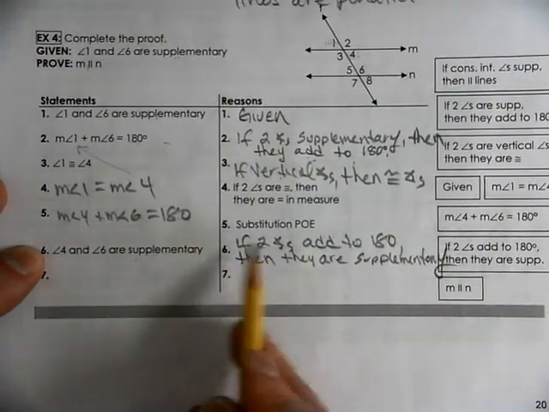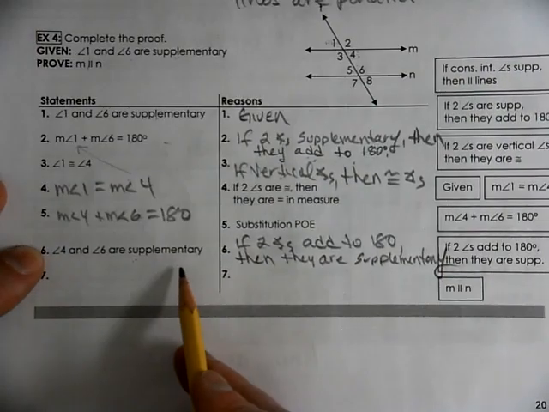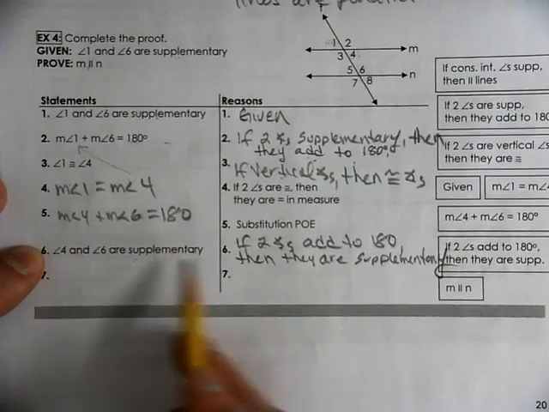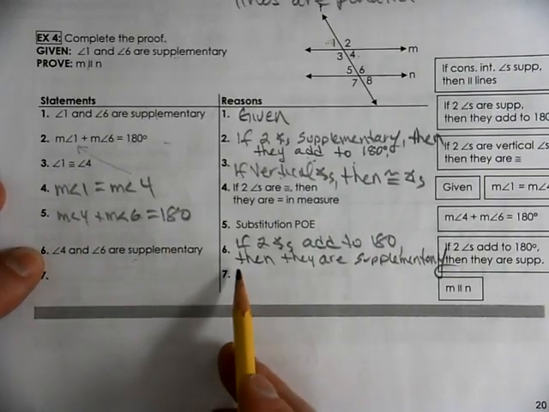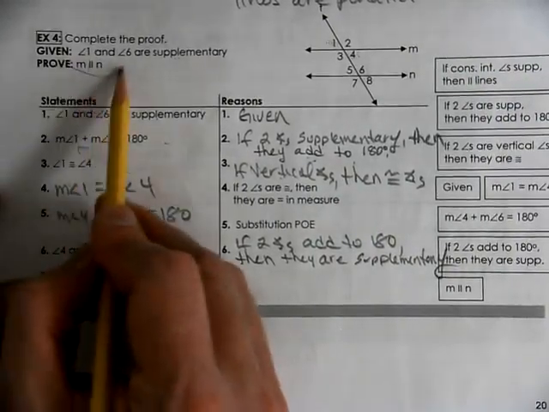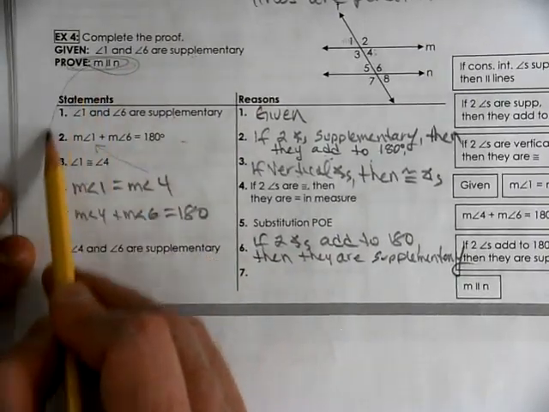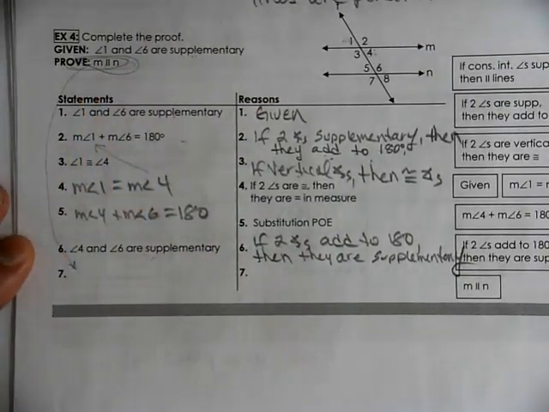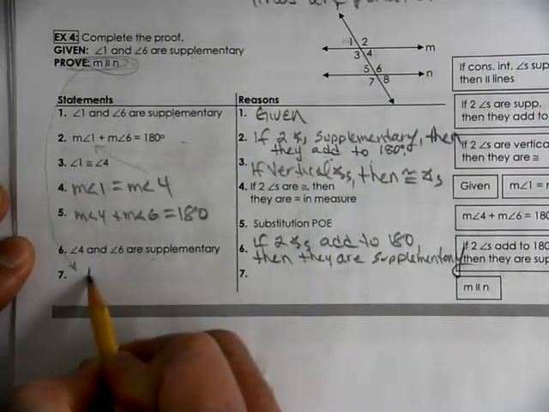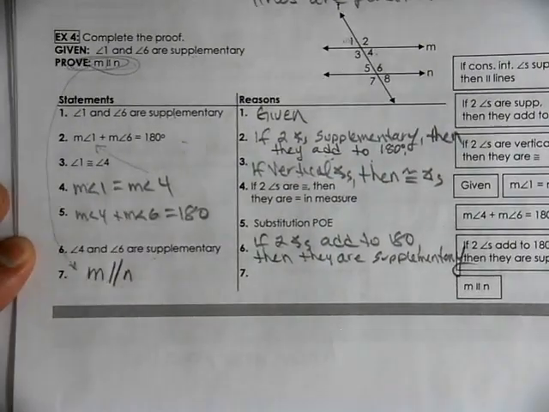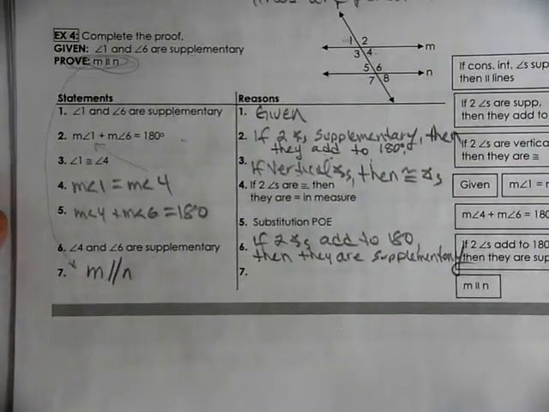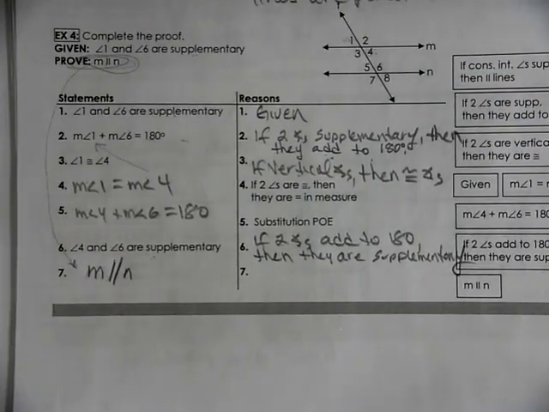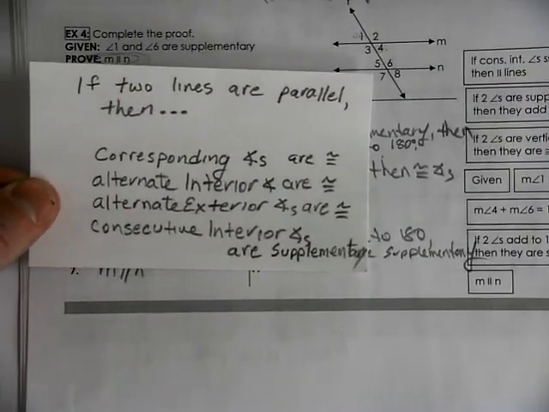And the proof is showing you exactly what order to go in. If happened earlier, then's happening now. Your last statement is always what you're trying to prove. M is parallel to N. Do we know that? Do we have one of these reasons?